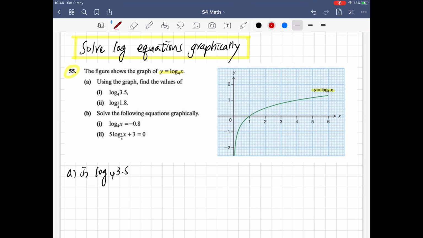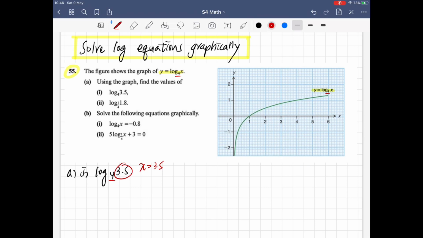As we can see, the base in the question is 4, the same as the base used in the graph. Therefore, we can directly look at the value 3.5, and we know that x equals 3.5. Then we have to make use of the graph.